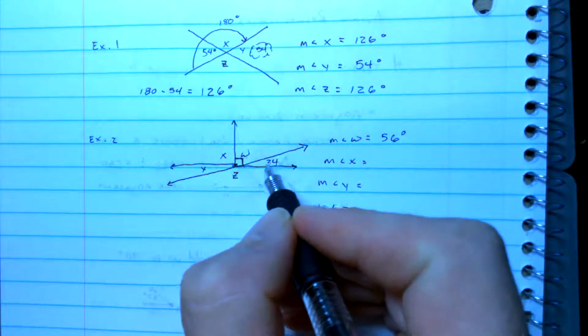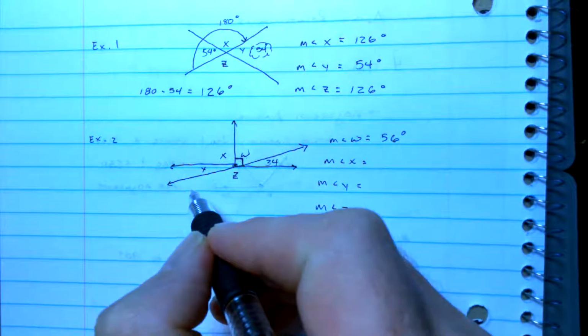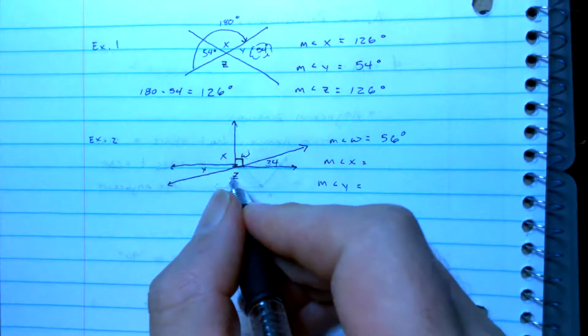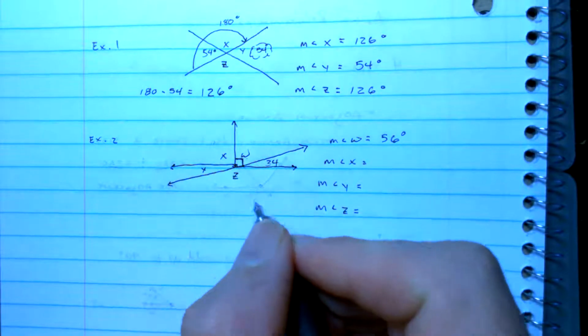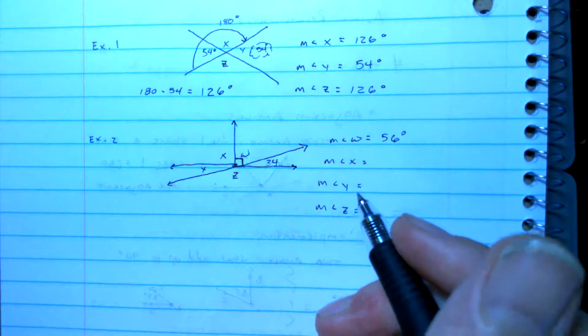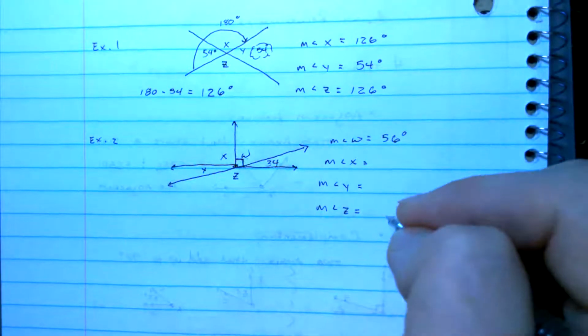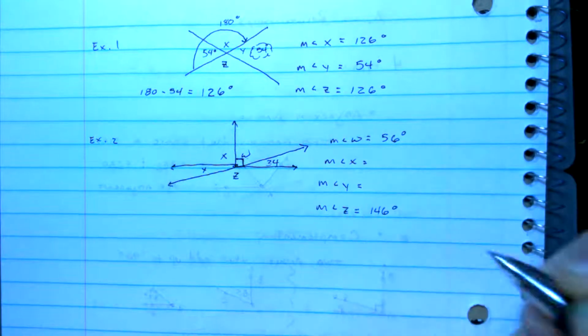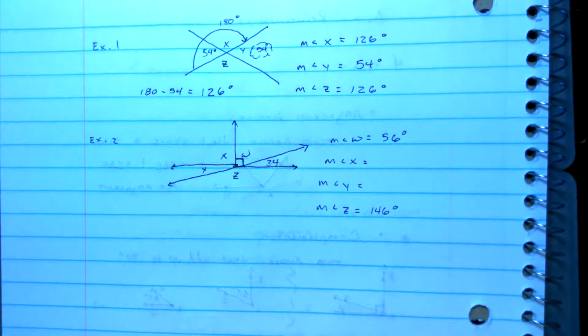The same is true for 34 and Z. These two combine to make a straight angle. So 34 and something have to add up to 180. 180 minus 34 would be 146. So I already know those two. Now the rest of them have to come from relationships.